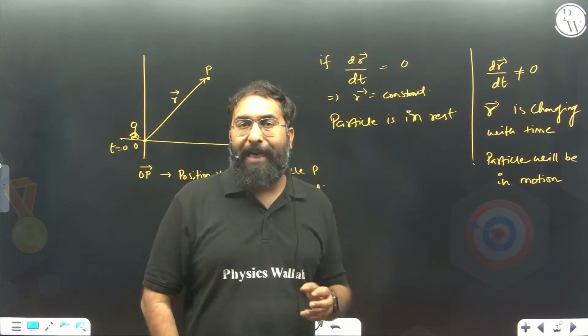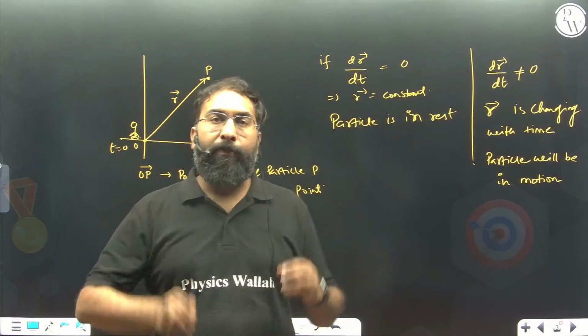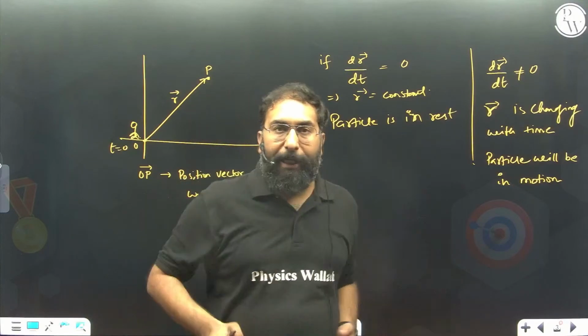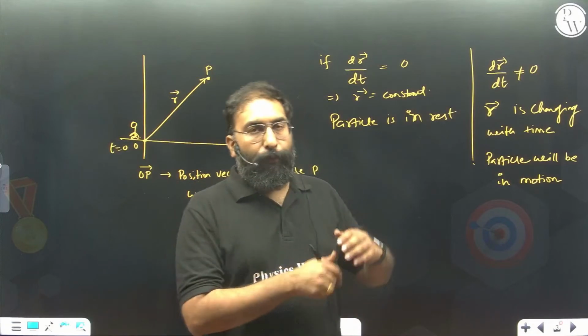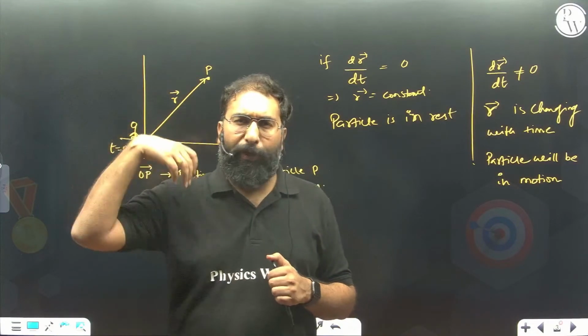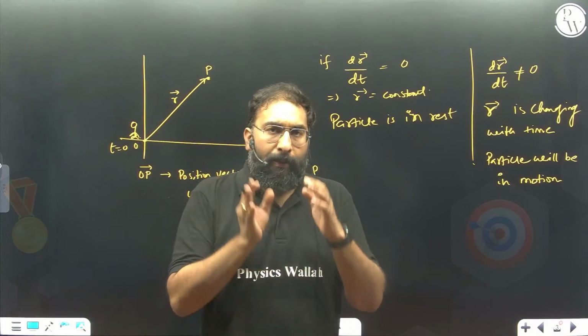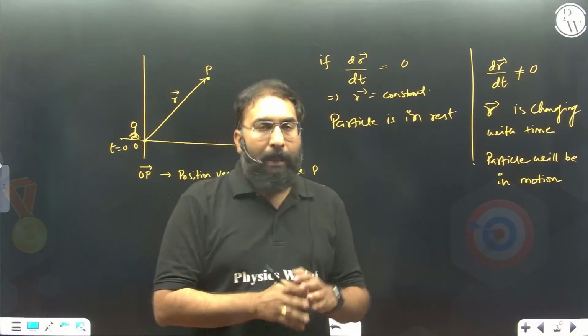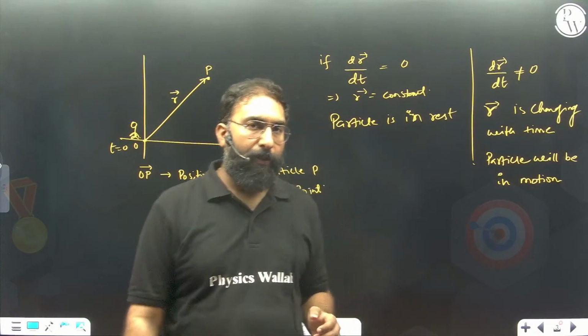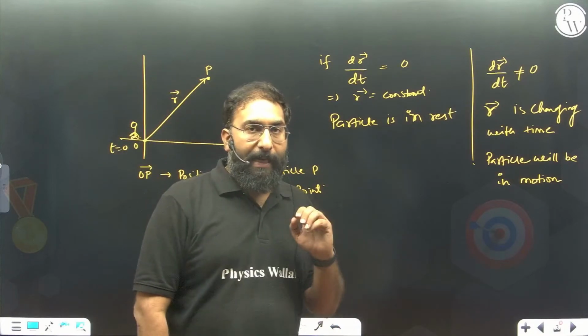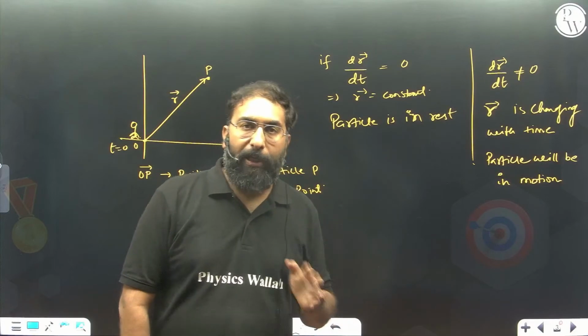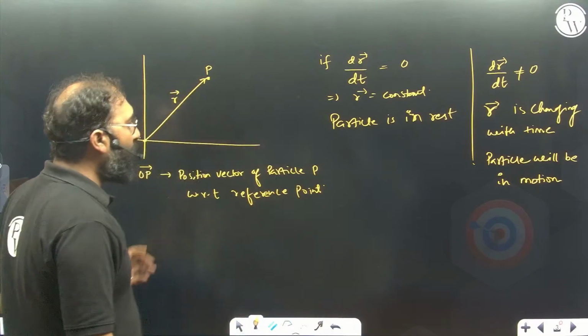If you look at the motion of the particle from different places, different objects, the motion of the same object will be different for different observers. So motion is defined relatively, and absolutely it cannot be defined. This is a very, very important point.